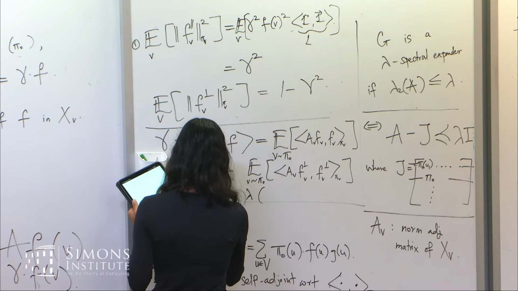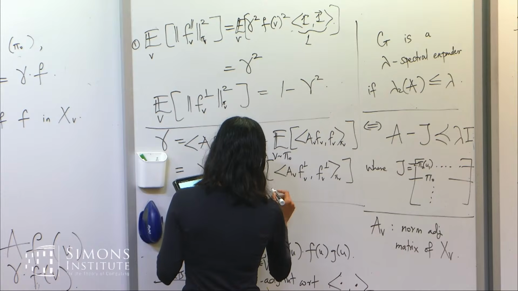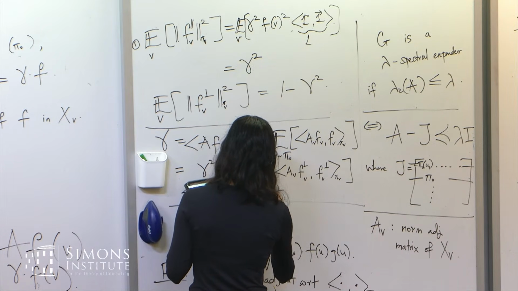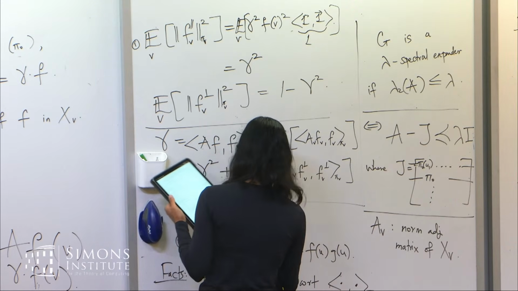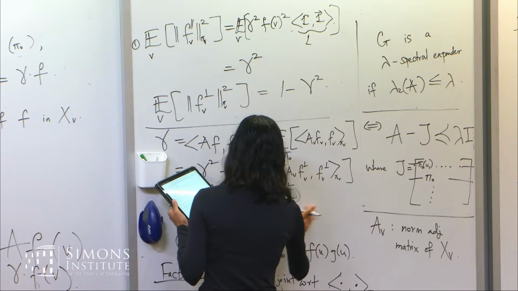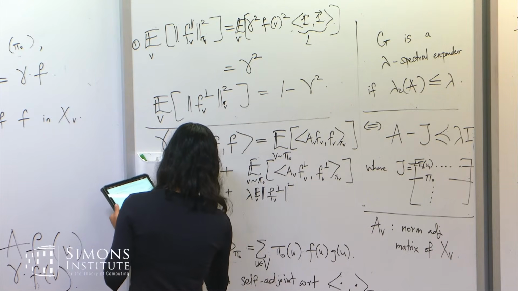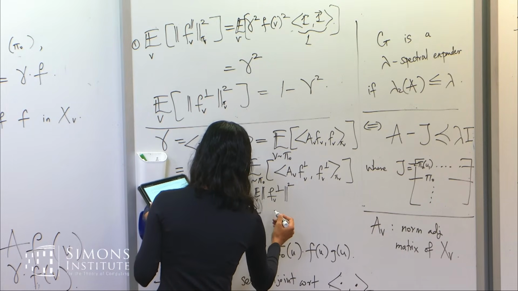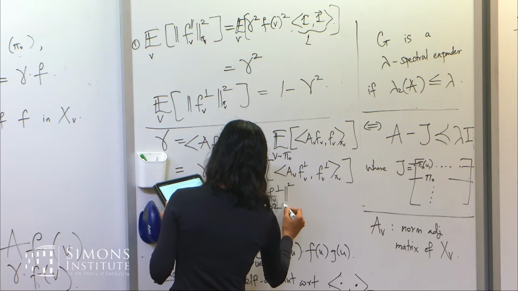Oh, yeah. So this is at most lambda times the expected norm of F_V perp squared, which is lambda times 1 minus gamma squared.